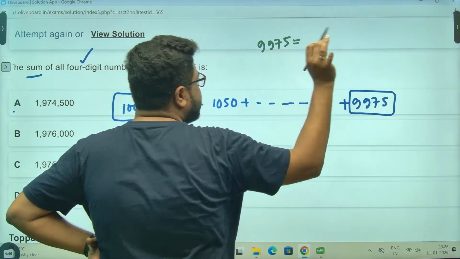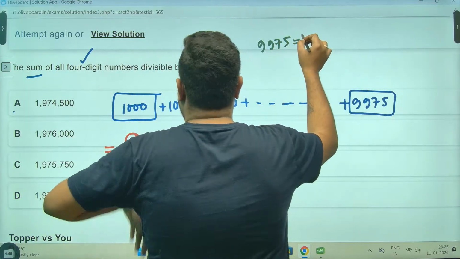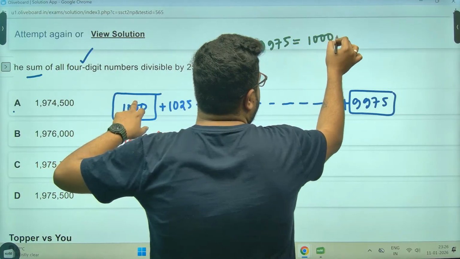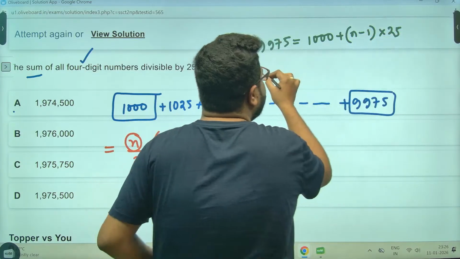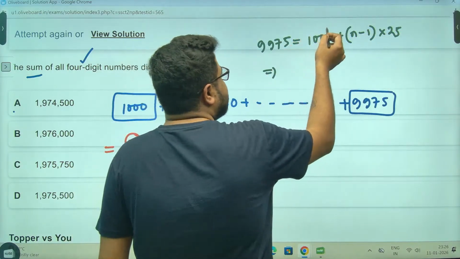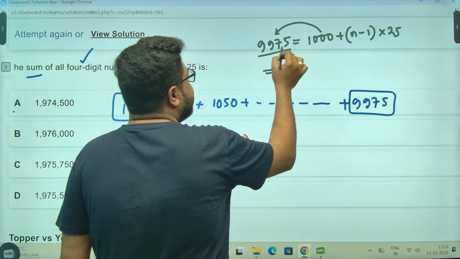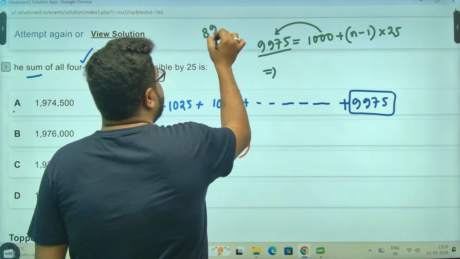I'm not giving you any shortcuts. First term is 1000 plus n minus 1 into d. d is 25, sir. Figure it out by yourself. If you subtract 1000, this will be 8975.